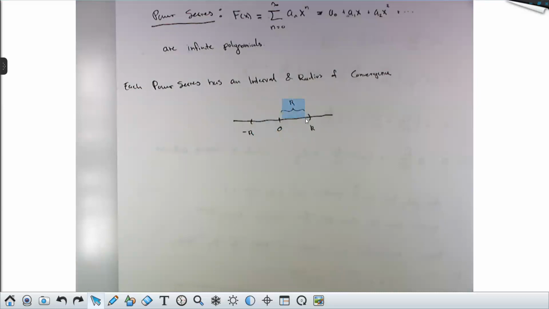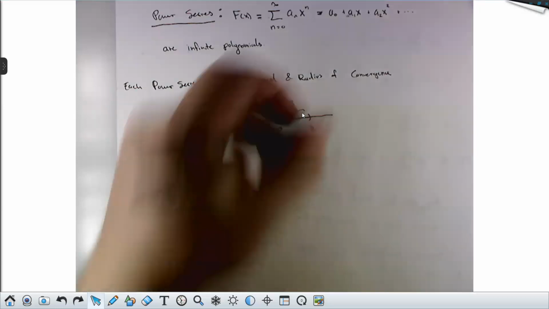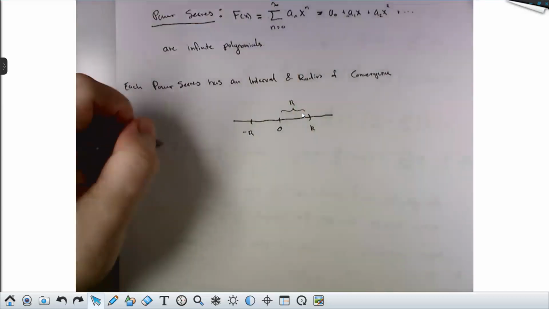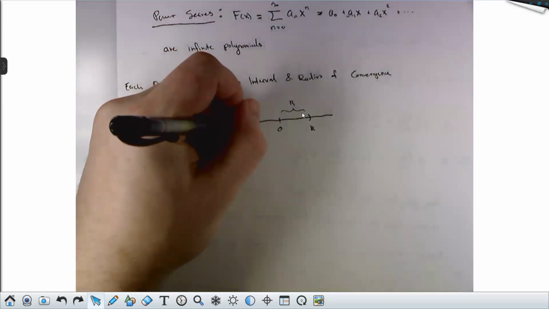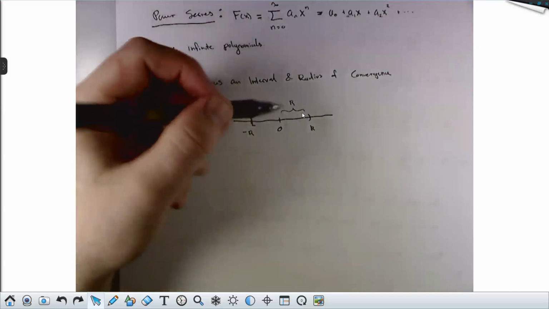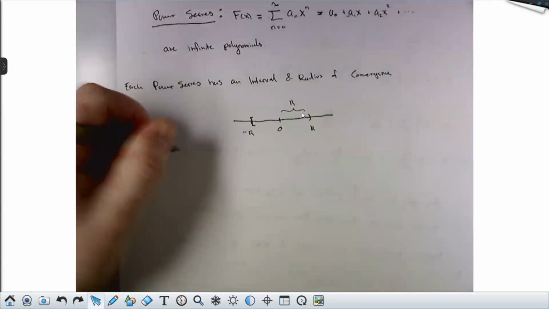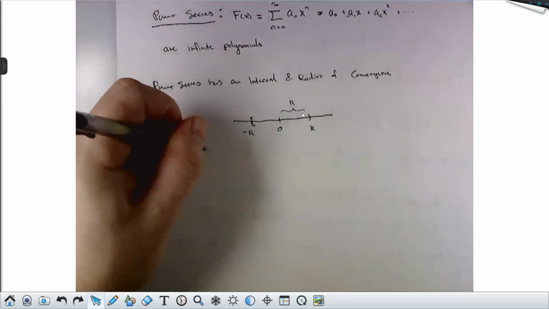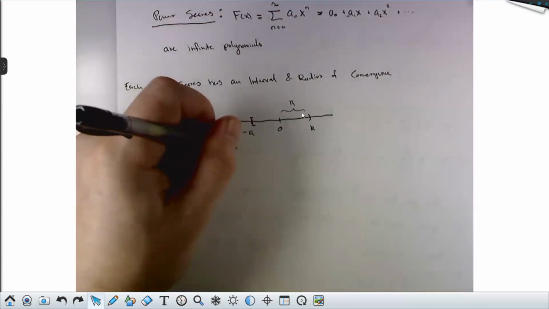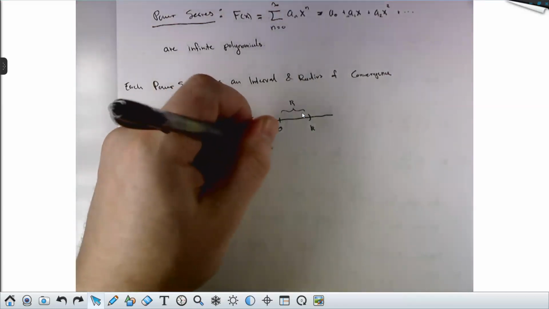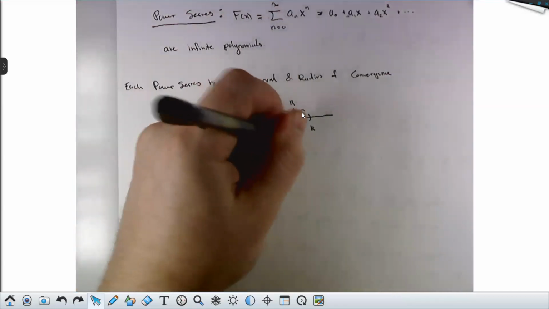The distance from the center of that interval to its endpoint is called the radius of convergence. And this interval may be closed, may be left closed, right open, may be left open, right closed, or any combination.